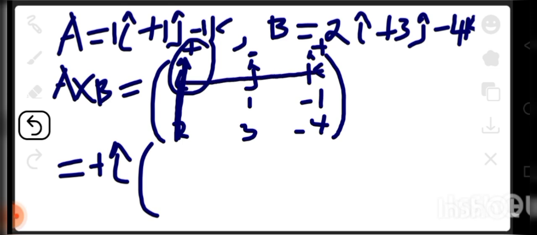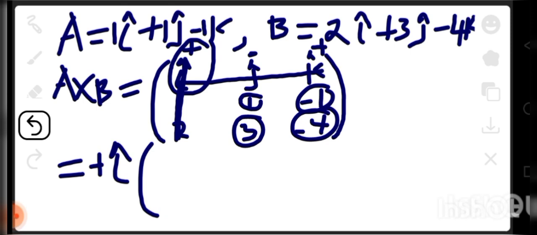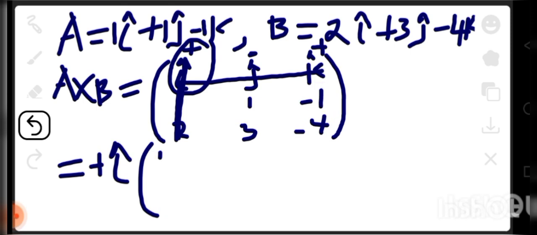Then you pick the numbers left. So we have 1, 3, minus 1, minus 4 left. So we have 1, 3, minus 1, minus 4, then you close.